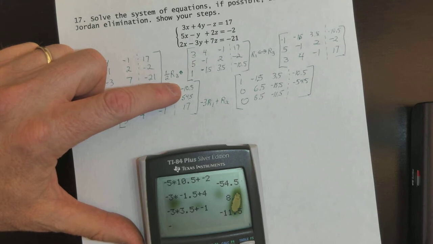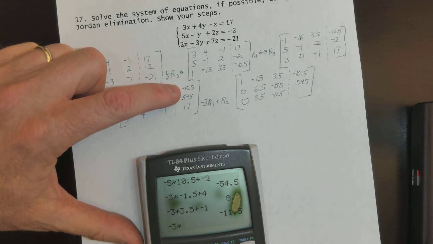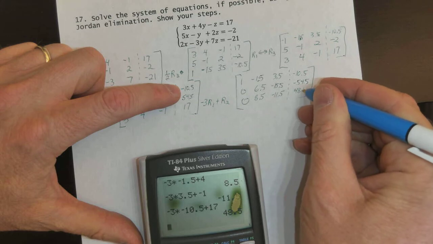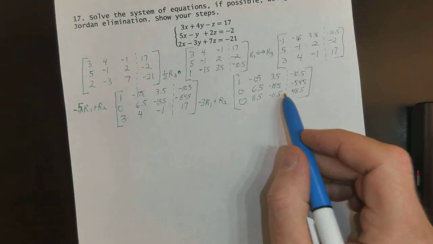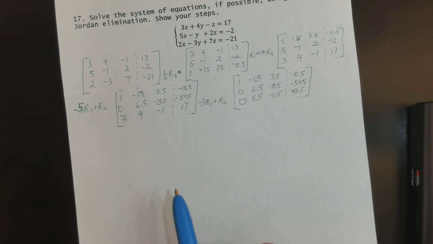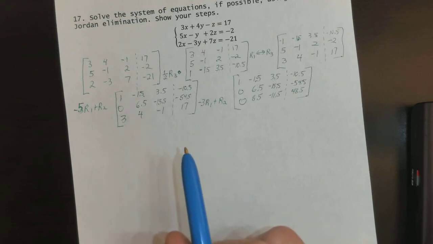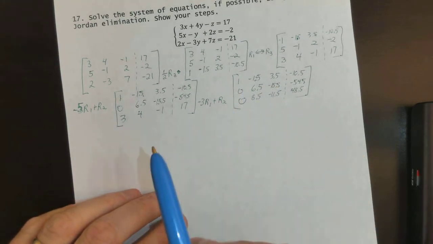Negative 3 times negative 10.5 plus 17 is 48.5. Okay. All right, 17, 23. Okay. 13, 31.